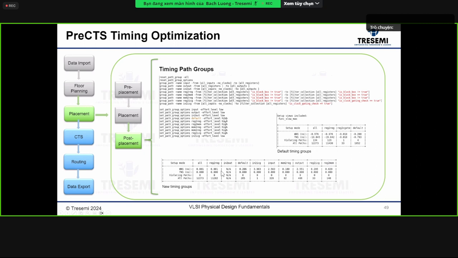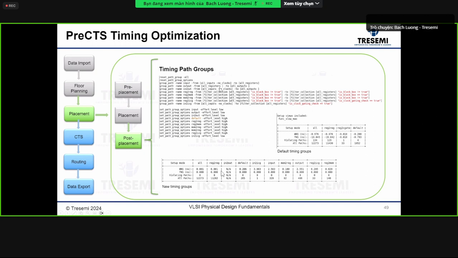These are the ones that tell the tool to spend more time, and then low effort on the input and output and so on. So with this granularity of definition, you can tell the tool where you want to spend the time. If you know your critical path is going to be in reg to reg, spend more time there, and then you can lower the effort on how much time the timing engine is going to spend elsewhere.